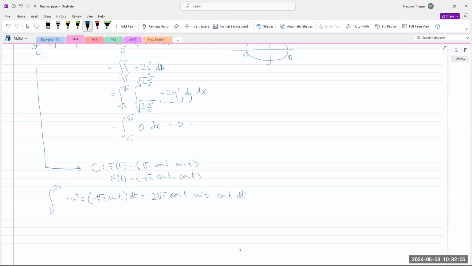This is equal to the integral from 0 to 2 pi of negative square root of 2 sine to the 5th t dt, which is an odd function, right? Plus 2 radical 2 sine cubed t cosine squared t dt, which is still an odd function, right?